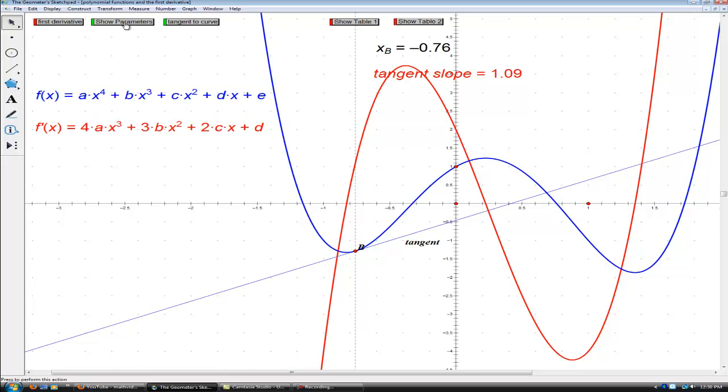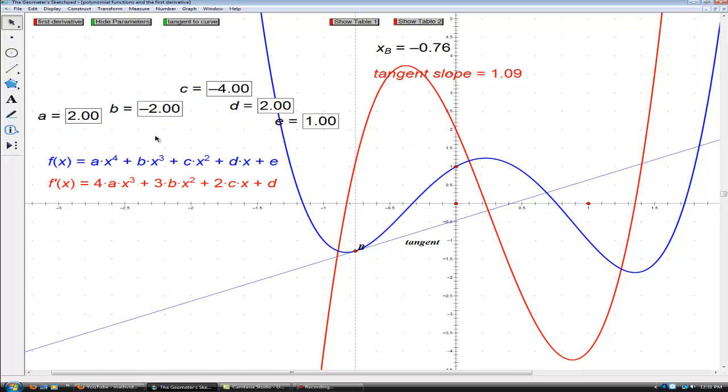Let me show again the parameters so that we can start to examine a pattern here. Alright, I'm going to rewrite our quartic function, which is this blue graph. I'm going to replace our a value with the value from the parameter, which is at the moment 2. These are adjustable, and in another video I'll come back and we'll look at some of the results of adjusting these parameters and watch the changes on both the graph of the quartic and of its first derivative, which is cubic.